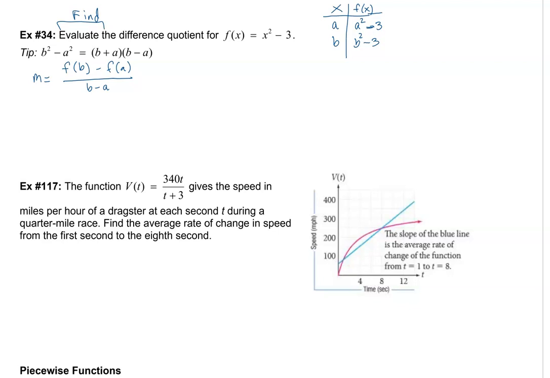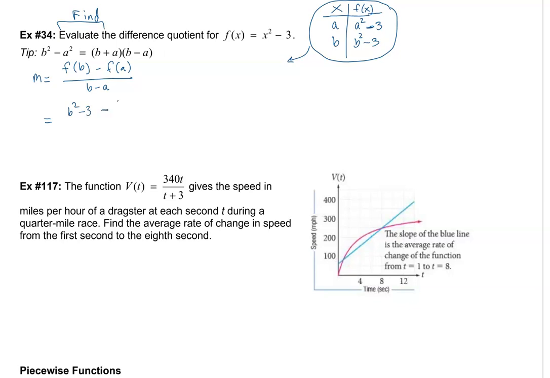All right, so now this is what I'm going to use. This table is what I'm going to use in my slope formula, my function, my difference quotient, my average rate of change. So f of b turned out to be b squared minus 3. And then I have to subtract f of a.